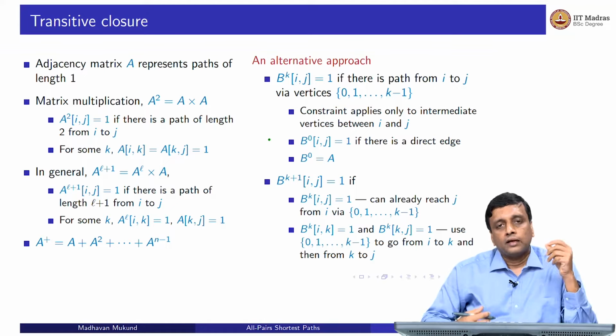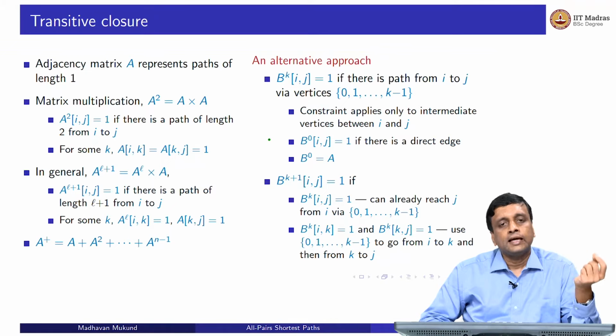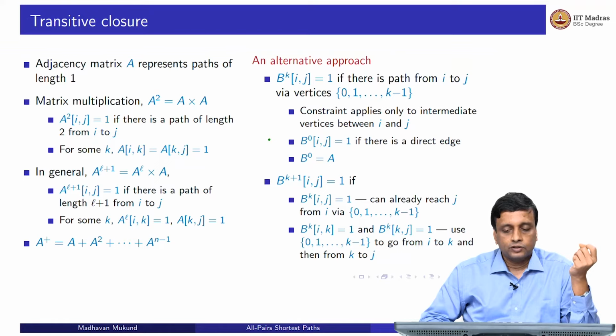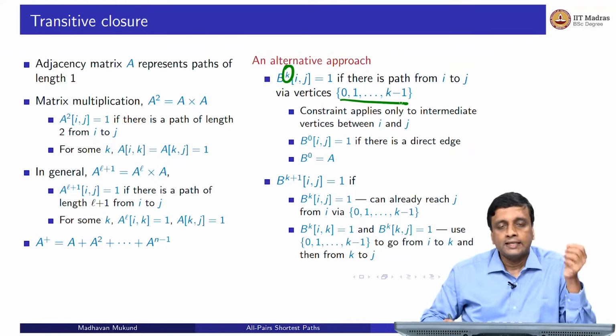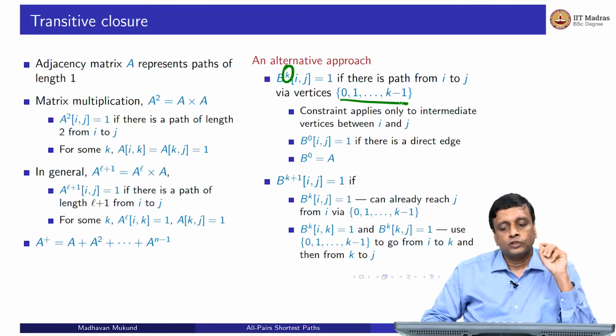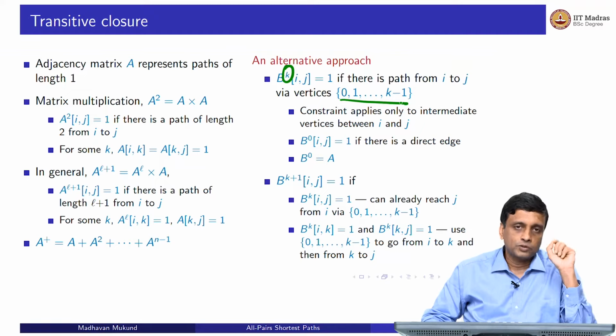Now I can calculate B_{k+1} from B_k as follows. In B_k, I already know that I can use the vertices 0 to k minus 1. Now in B_{k+1}, I am additionally allowed to use the vertex k, right. So remember that in B_k, k itself is not allowed, I am allowed to use the vertices from 0 to k minus 1.